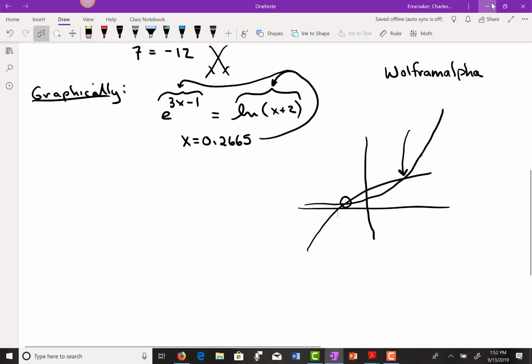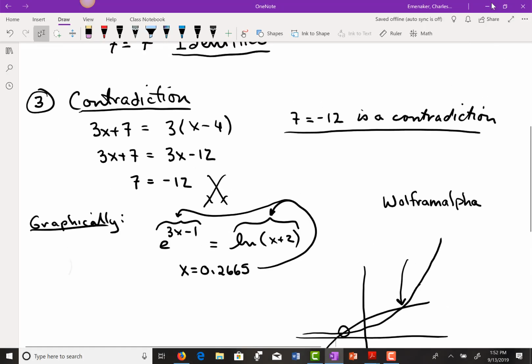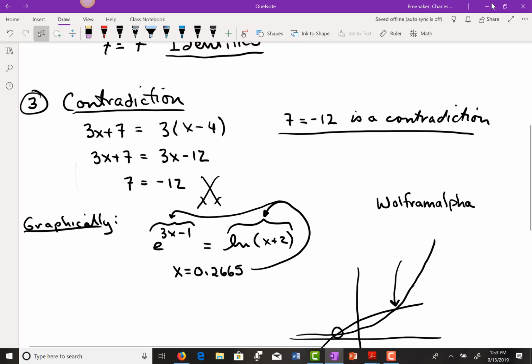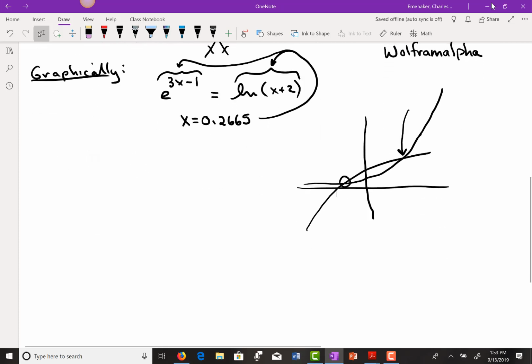All right. So, one way to solve problems is symbolically. That's what you've been using, moving around letters, numbers. Second way to solve it is graphically, looking for the points of intersection. You have several different ways of which you can do that. One of them is on a calculator, the other's online.